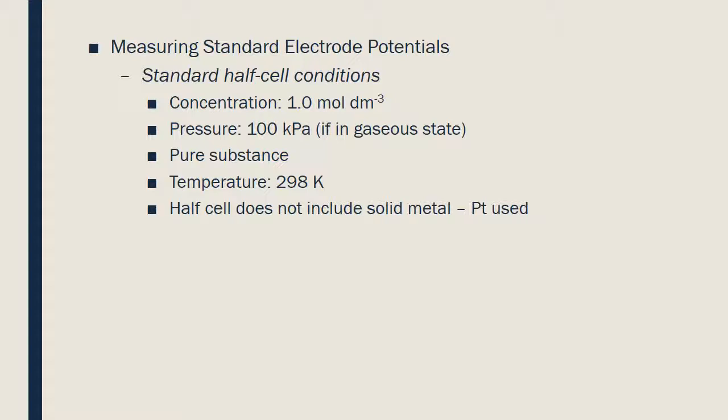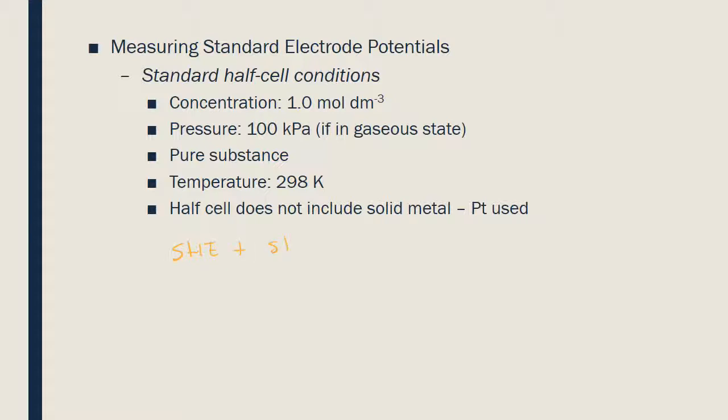The temperature needs to be 298 Kelvin so that the rates of the reactions and any collisions are at the same rate. The half cell, if it does not include a solid metal, you need to use platinum because it's an inert metal.